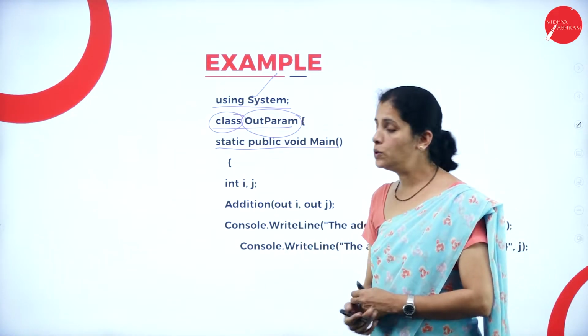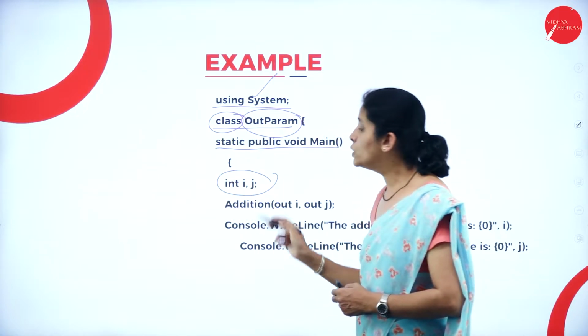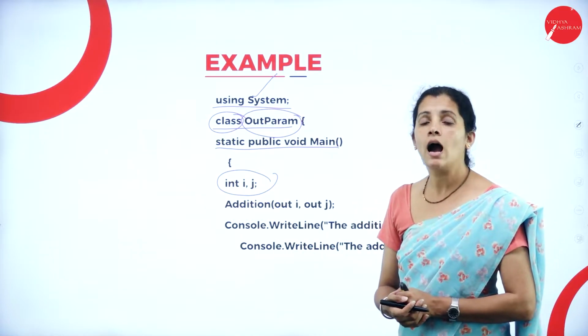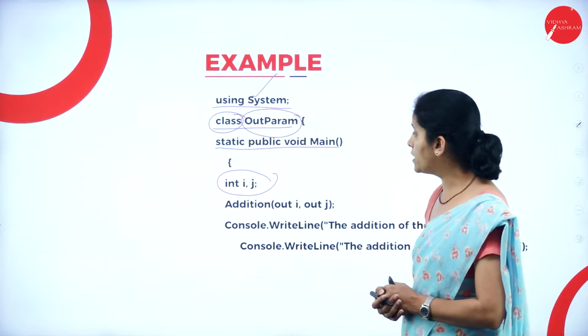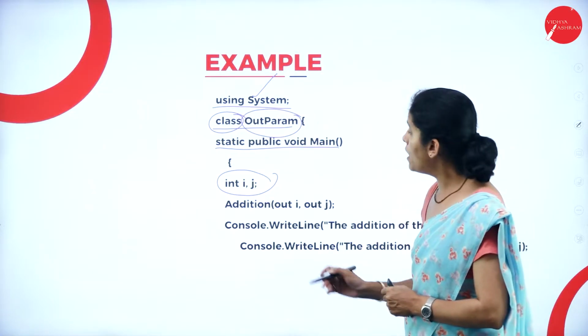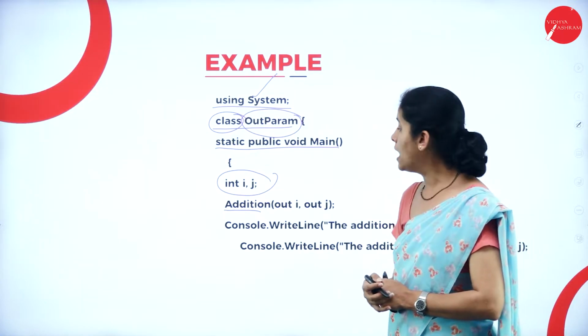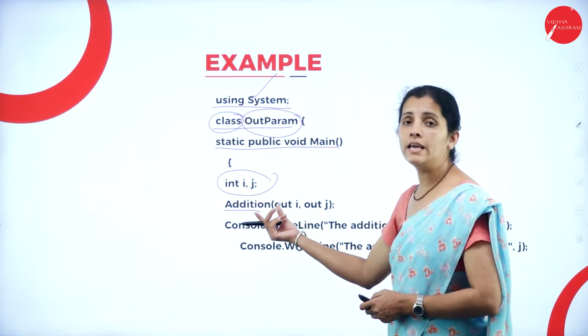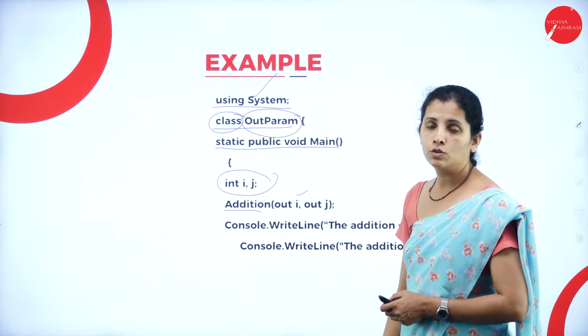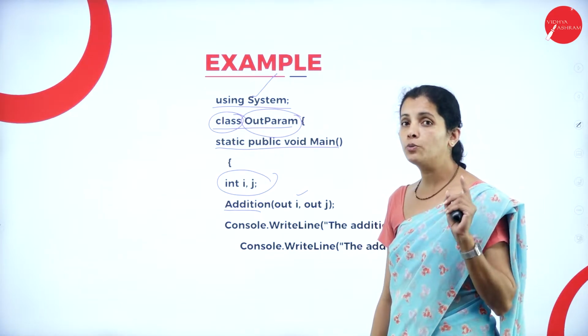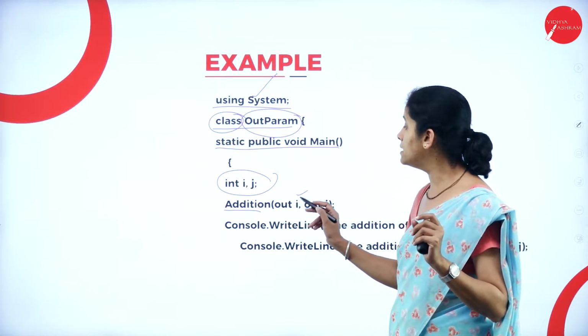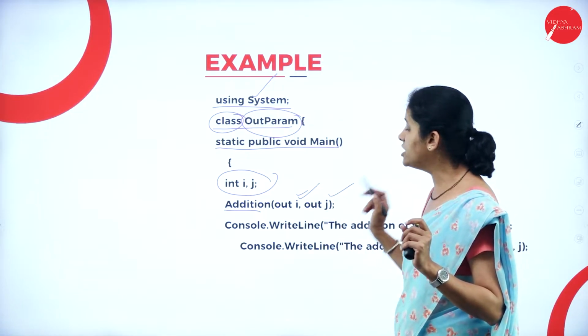Now I'm going to define two variables, say i and j, of type integer. Now I'm going to have the method called addition, and I'm going to pass the variables i and j.